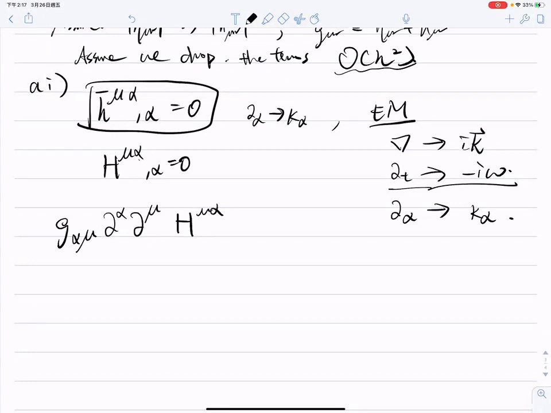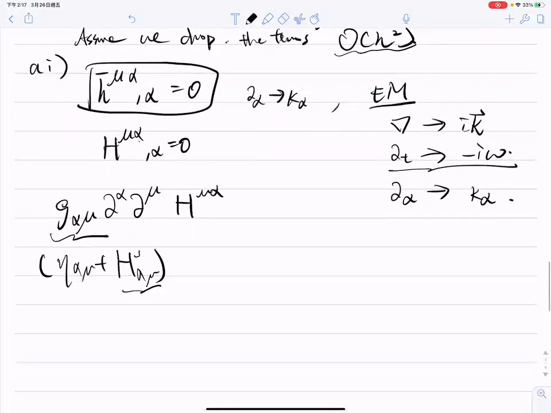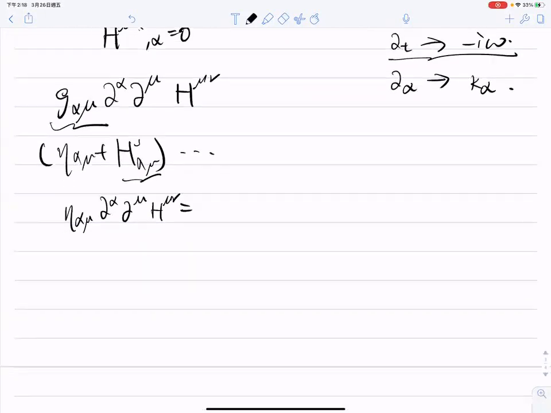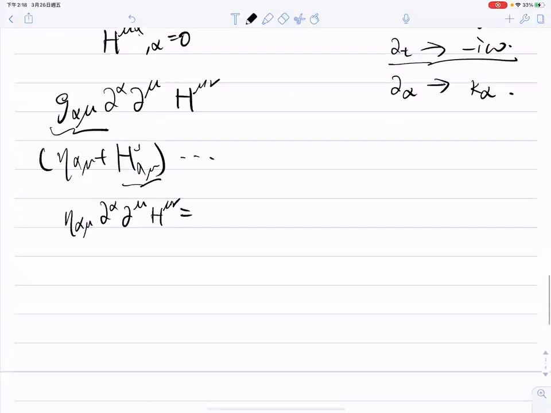If we used g alpha mu, it would be eta alpha mu plus h alpha mu, and an h alpha mu squared term would appear, which we have to eliminate. After simplifying, we have an equation. Let me check whether I made some typo. You have to calculate this for part A, and then you will obtain some answer.